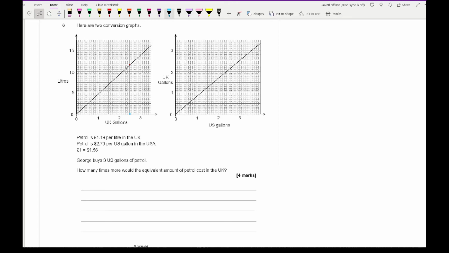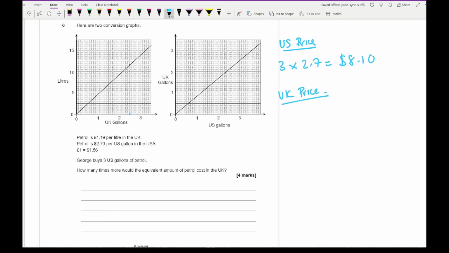So the first thing let's work out is the US price. So US price is going to be 3 times 2.7, because it's 3 gallons, which is $8.10. Now in terms of the UK price, let's have a look.